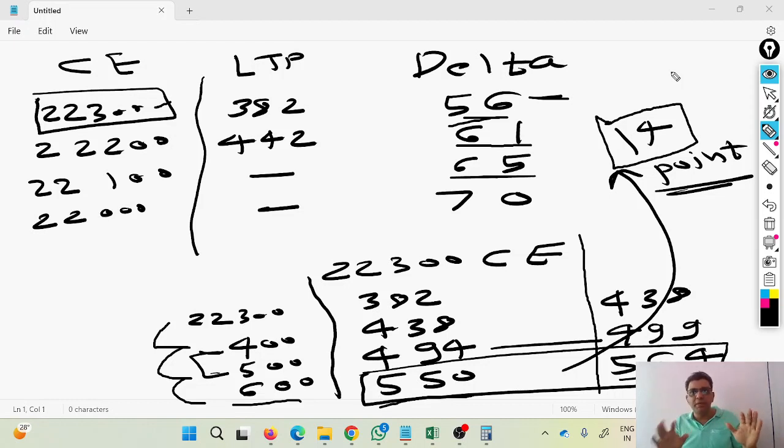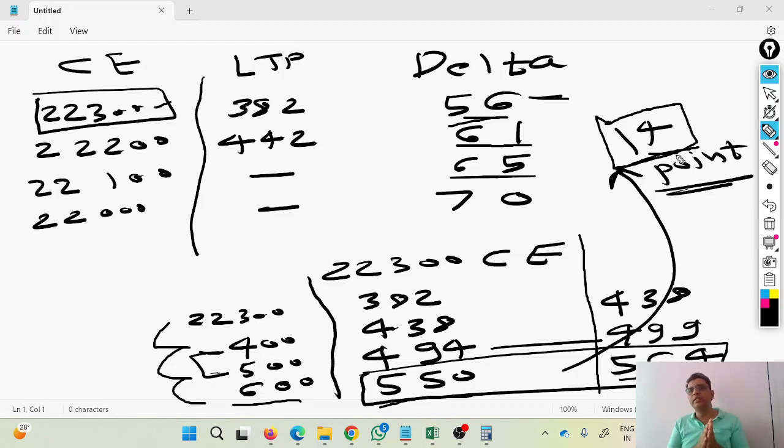Only for convenience have I considered that delta changes after every 100 points, so we got this gamma impact of only 14 points. If you consider a delta change for every point change in Nifty, this 14 points will go up to 30-35 points minimum for the May series. And for the nearest expiry, which is scheduled on 9th of May, the gamma impact will be even more.